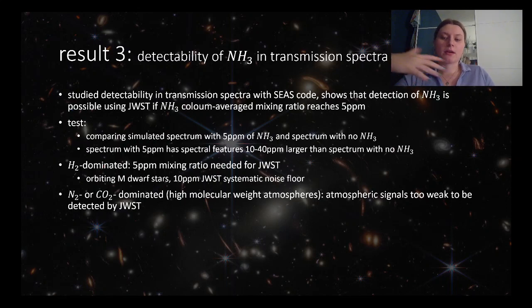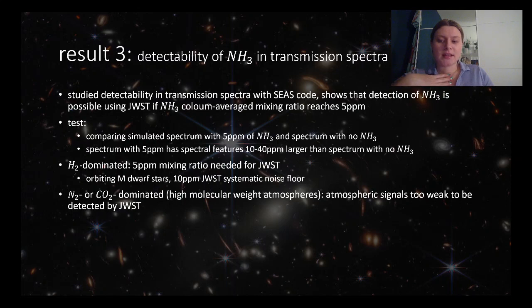They tested that by comparing a simulated spectrum with 5 parts per million of NH3 and a spectrum without NH3. They found that the spectrum with 5 parts per million had spectral features 10 to 40 parts per million larger than the spectrum without the NH3. So they set the minimum to 5 parts per million for a detectable level.